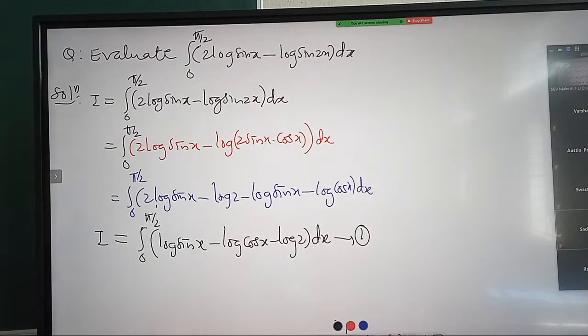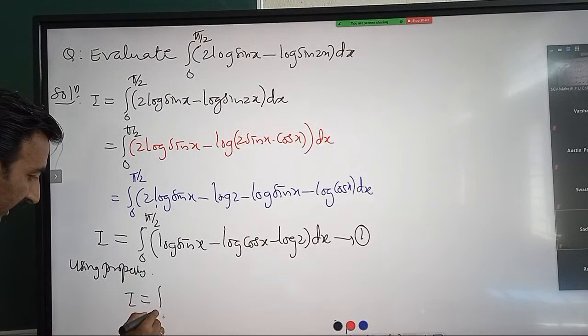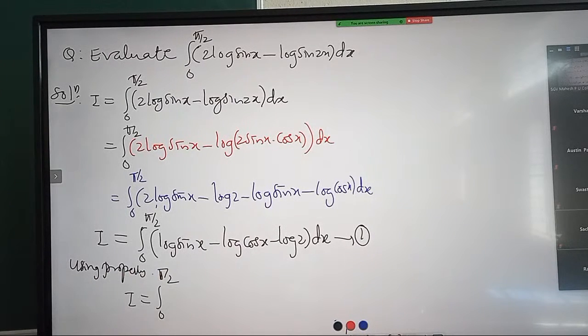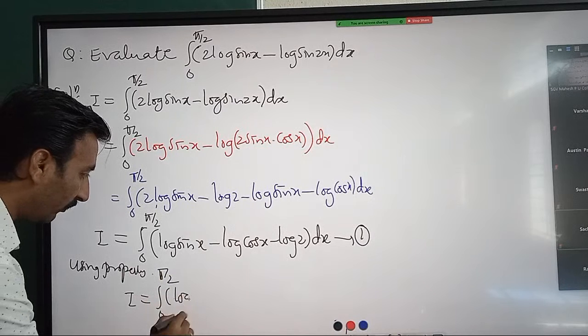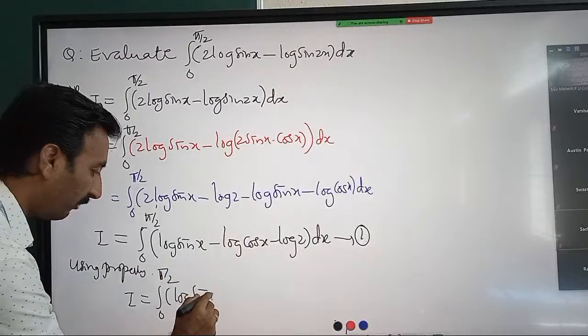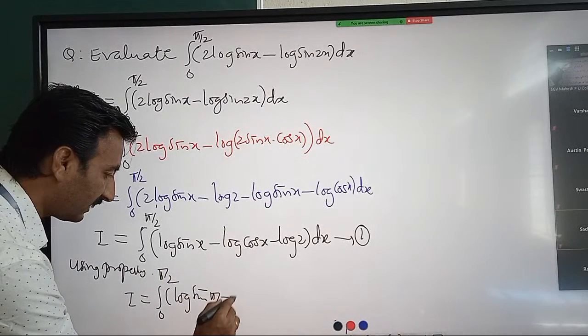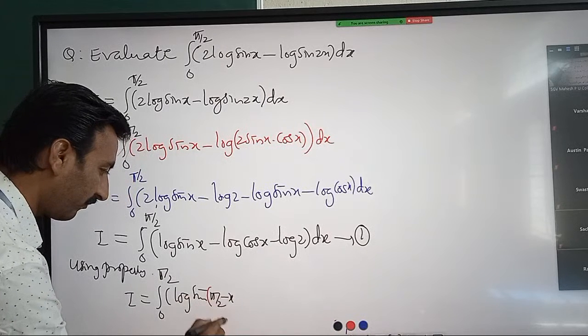What does the property tell us? Now using the property, what can you say? I equal to integration from 0 to pi by 2 of log of sine of pi by 2 minus x, correct?